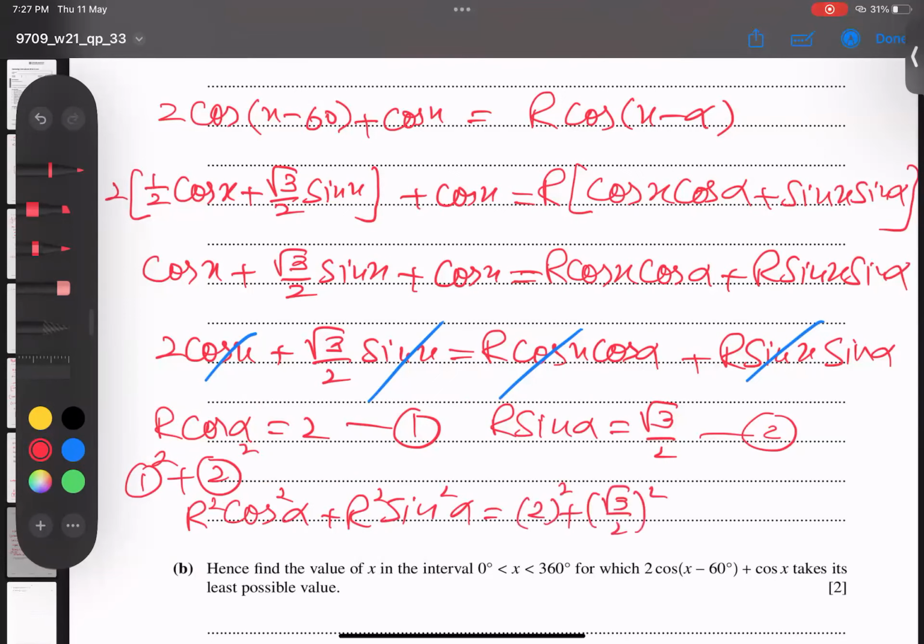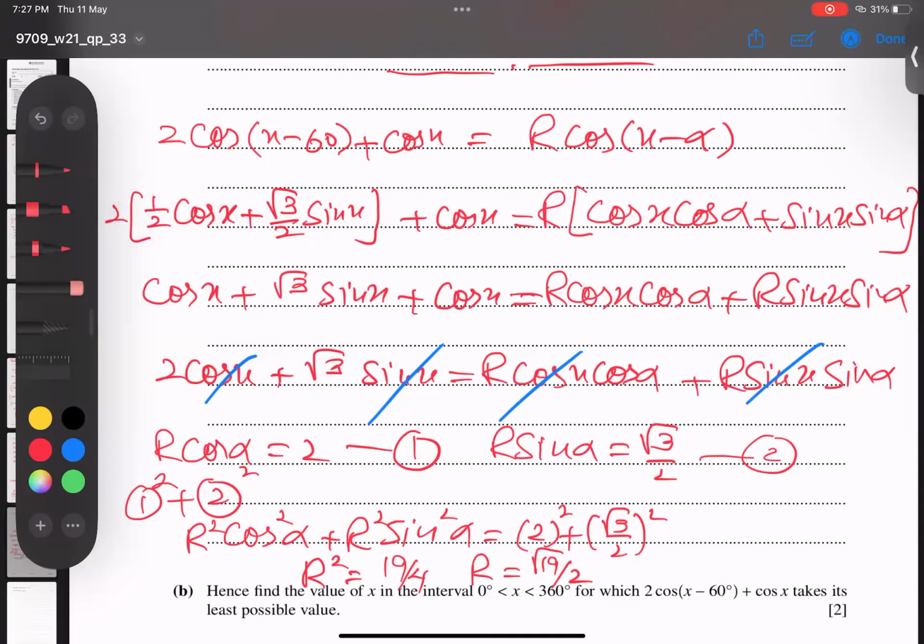Okay, one minute. Maybe I made some mistake. I recheck. Oh, this is 2 multiplying, this 2 should cancel out. Sorry, students, this is a mistake of mine. It should be cancelled. Sorry for that. So this 2 is cancelled, which means this 2 is not there.